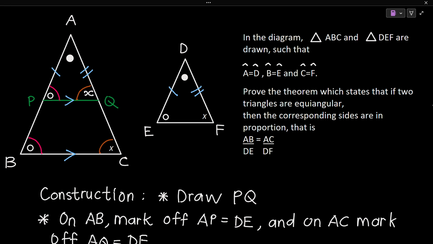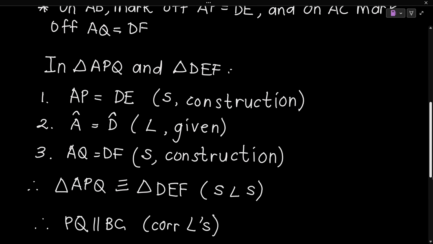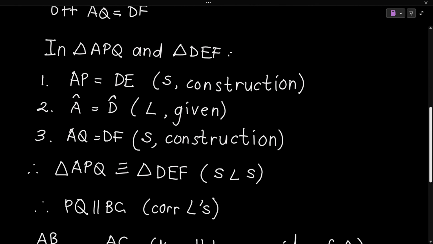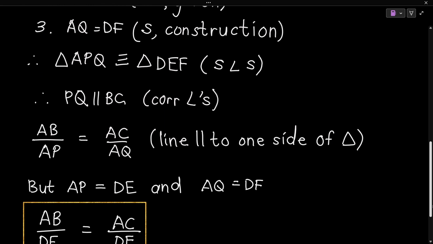At the same time, you mark off that left-hand side as being the same as the left-hand side of the small triangle, and the right-hand side here, AQ, as being the same as the right-hand side of the small triangle. The next step is for us to prove congruency. So we prove that triangle APQ and DEF are exactly the same. Once we've proved congruency, that allows you to prove that PQ is parallel to BC. So that was your second step.